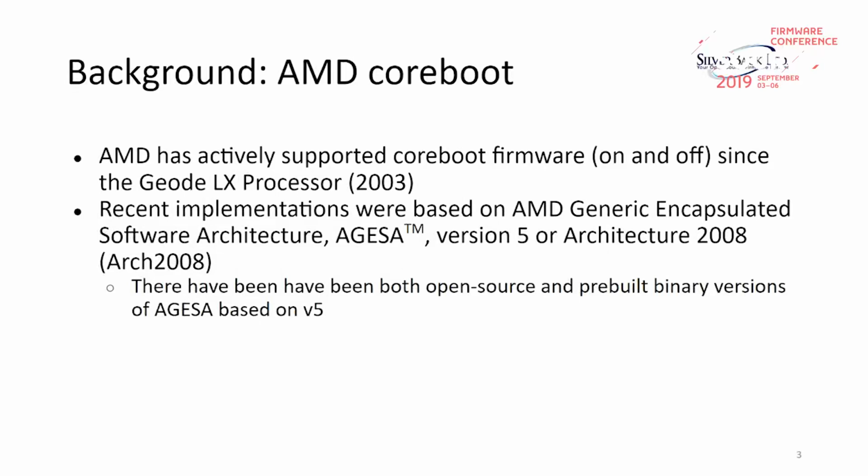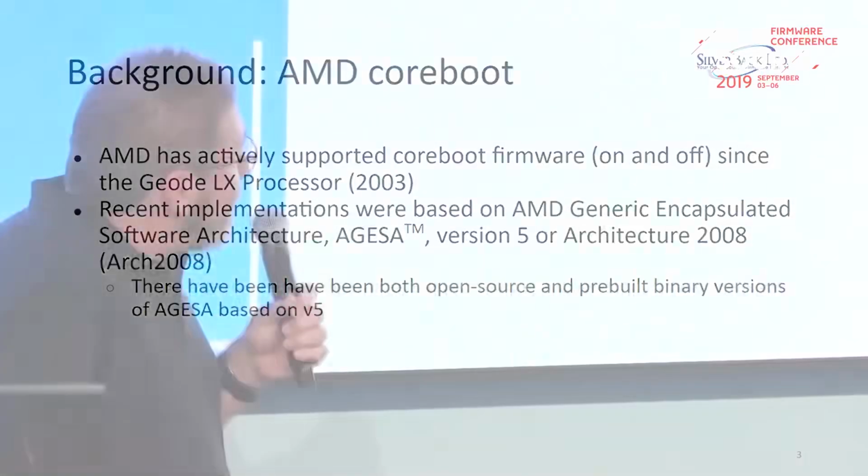This new processor is actually based on version 9, which came out with the Zen cores, and that's presented some challenges for us. But they actually had even some open source versions of AGESA version 5 back in the 2011-2012 timeframe for a couple of generations of processor. So if you want to go back and look at some of those things, they're actually out there. You can see what the source code looks like. But they are actually in a binary kind of mode like Intel is today.